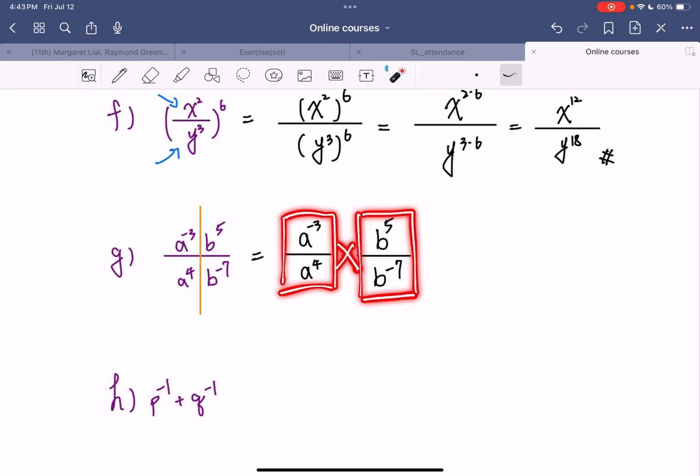Okay, and this brings us back to property 2, which is division, and it will become subtraction. Just remember, numerator goes first. So here we got the first one. We keep the base a, and we got -3 from the numerator minus the number in the denominator, which is 4.